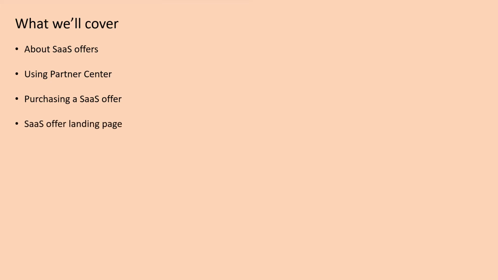Next, we're going to take a look at the SaaS offer landing page, which is actually part of that purchasing a SaaS offer. Finally, we're going to check out a SaaS offer publisher portal, which is an optional component of building a SaaS offer, but one that comes in really handy.